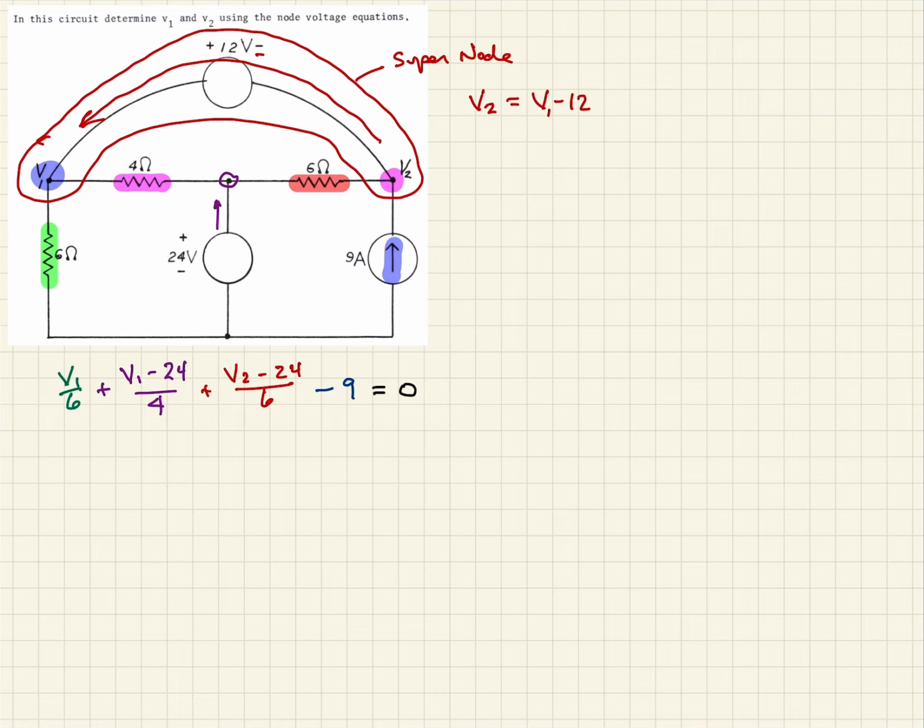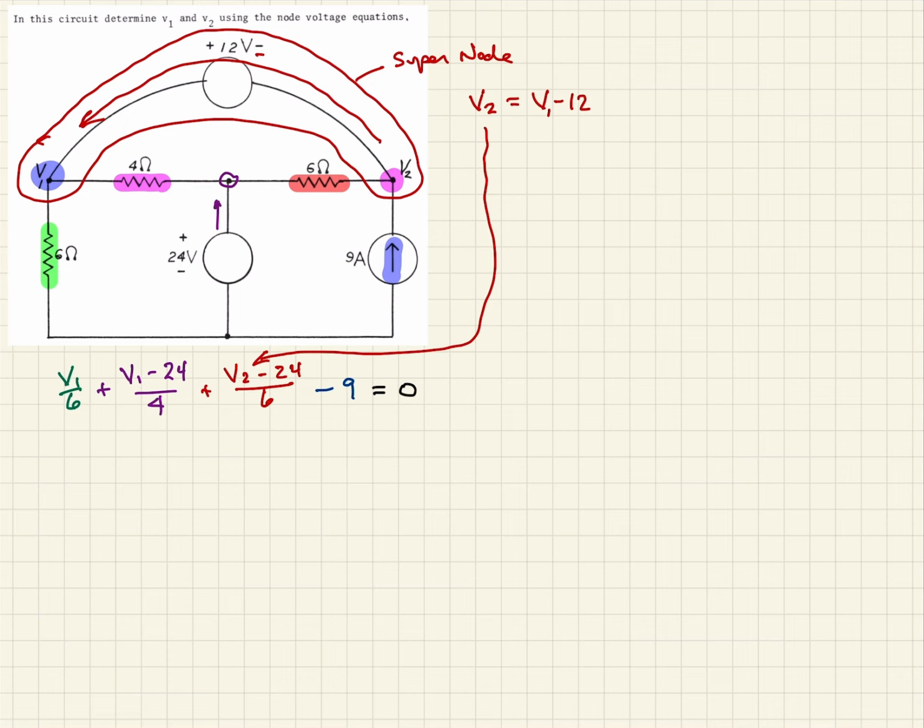So in this case, we will take this definition of V2 and we will substitute it into that equation, or to that use of V2 right there. And so next we want to multiply through by 12, and we want to rearrange some terms.